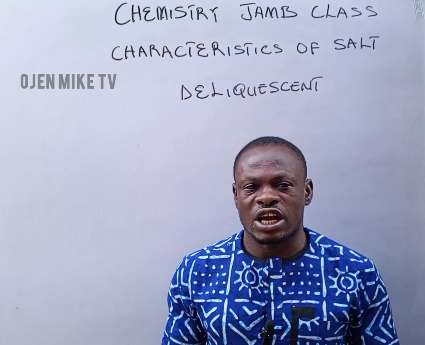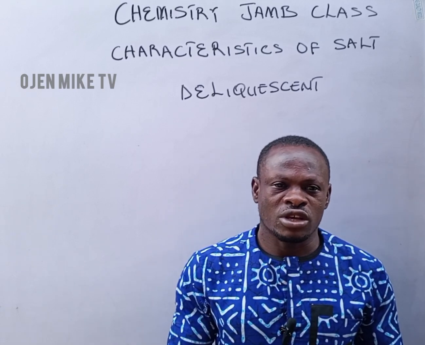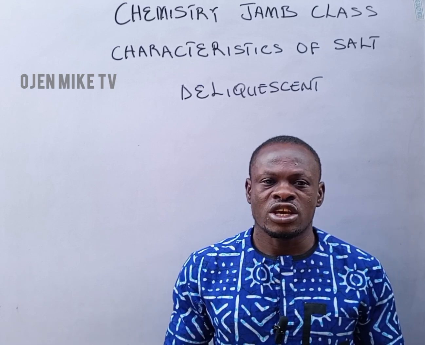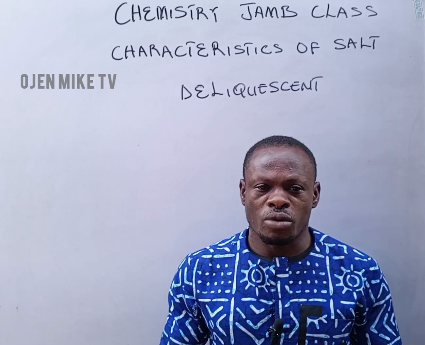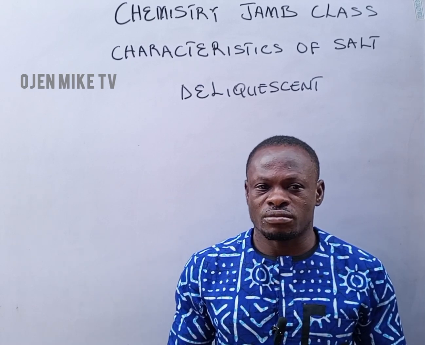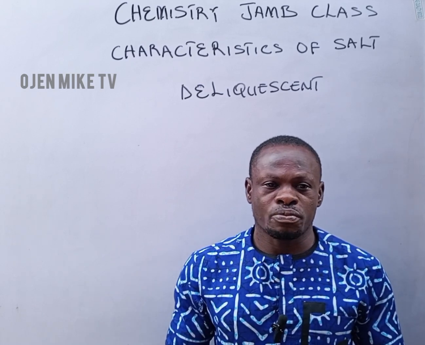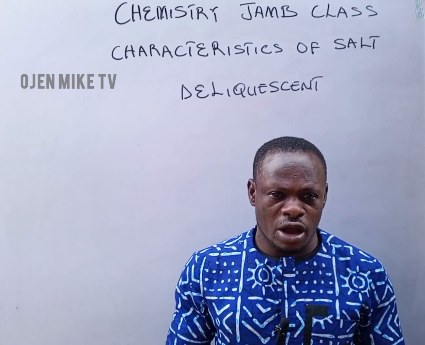Those are all the characteristics of salts which we have already looked at. An efflorescent is one that, when you expose it, will lose some of the water molecules in it. Then we also looked at hygroscopic. Hygroscopic is a type of salt that, when you expose it, will absorb moisture.